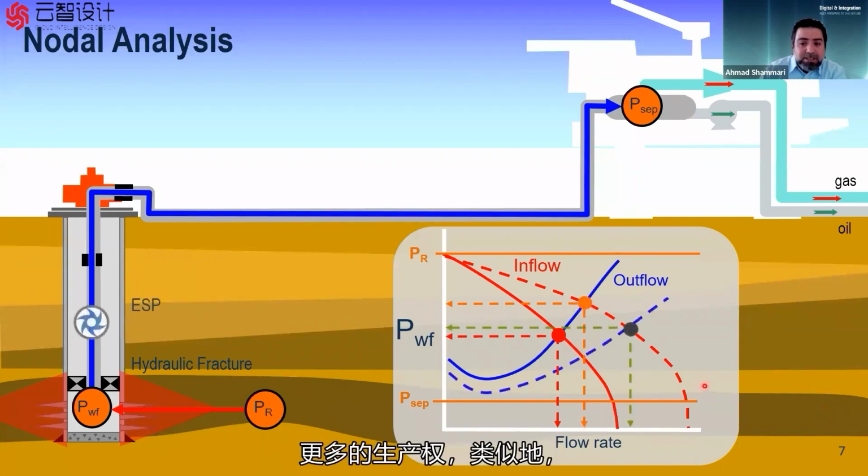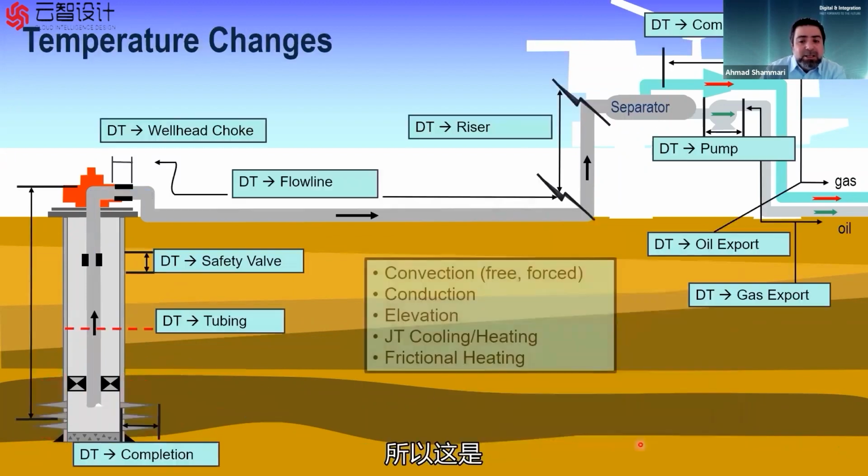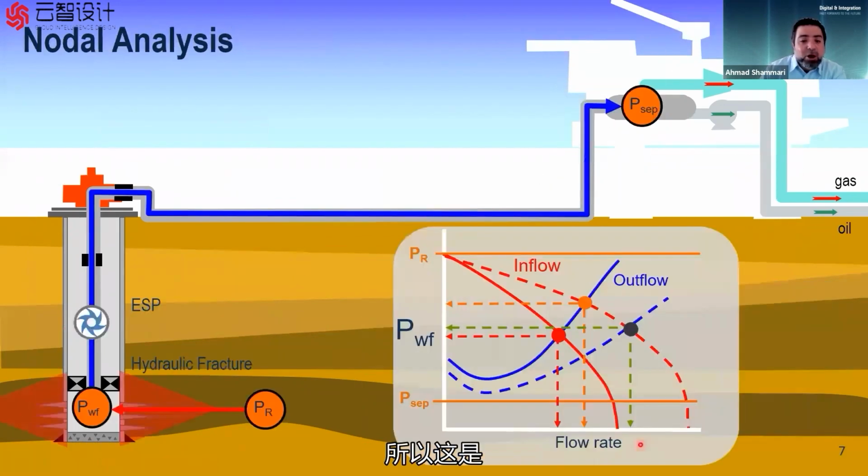Similarly, if we install an ESP, we can bring the outflow curve down, and then we can bring the intersection further to the right so that we can increase the production. So this is the concept of nodal analysis.